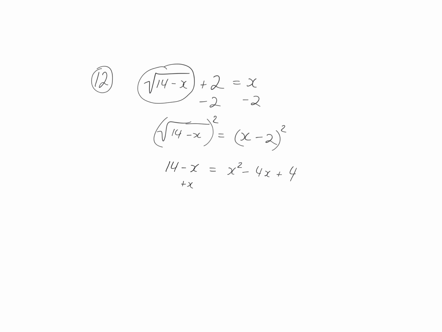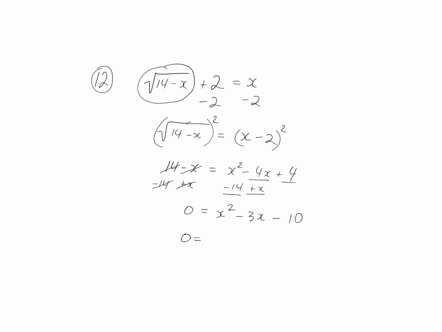Add x to both sides. Subtract 14 from both sides. The left side you're left with nothing, so 0. So 0 equals x squared. And then minus 4x plus x is minus 3x. Minus 14 plus 4 is minus 10.